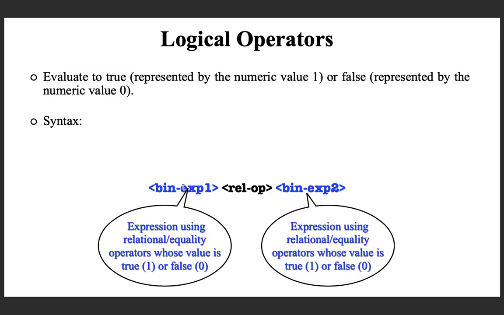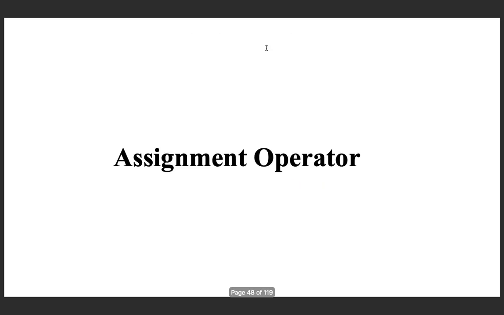Both the first and third operands are like this. Each one of them must evaluate to either true or false. Then the logical operators are AND and OR. These are the symbols used, 2 ampersands or 2 pipe characters. This is OR and this is AND. So, what we have discussed is binary logical operators in C.